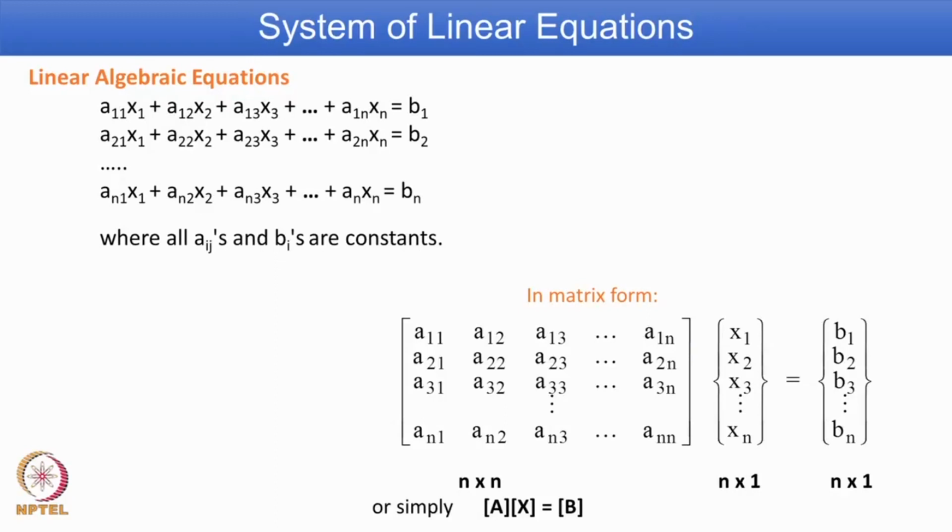Then on the right hand side you have a known column vector b1 to bn. So, the coefficient matrix A has size n by n, the unknown column vector has a size n by 1, and the right hand side B matrix has a size n cross 1. In simple form it is written as A x equal to B.